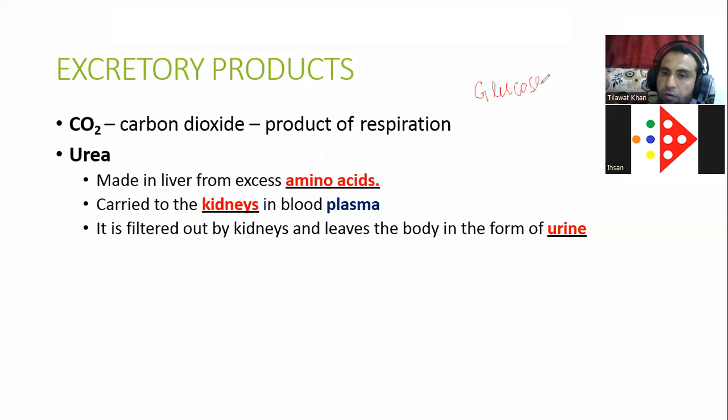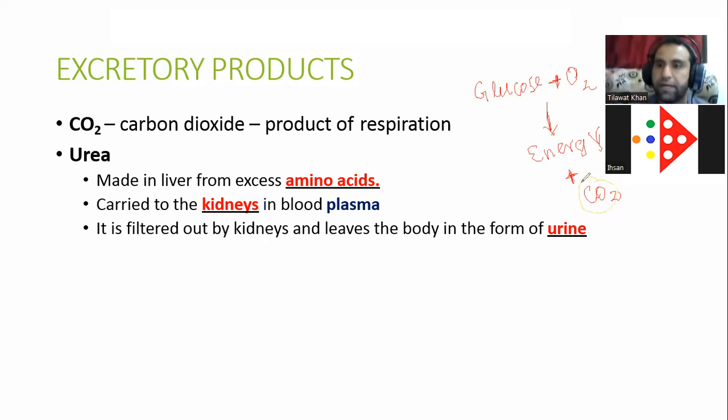Oxygen is taken in, and glucose breakdown happens in the presence of oxygen, and it gives you what? Energy, in the form of ATP, plus carbon dioxide. This carbon dioxide needs to be removed from your body. This is metabolic waste. Got it?